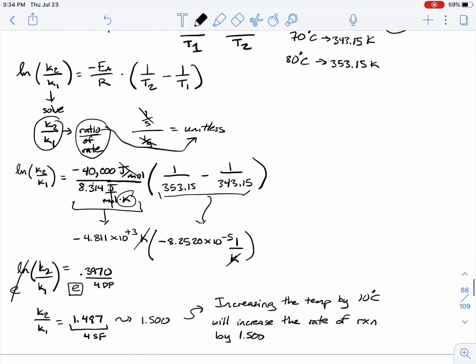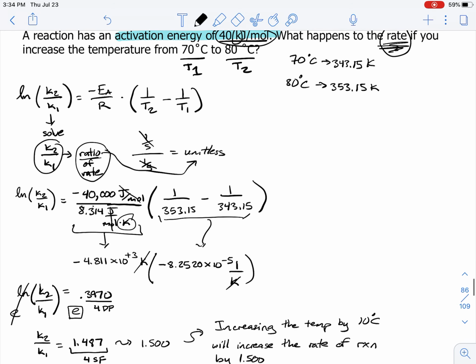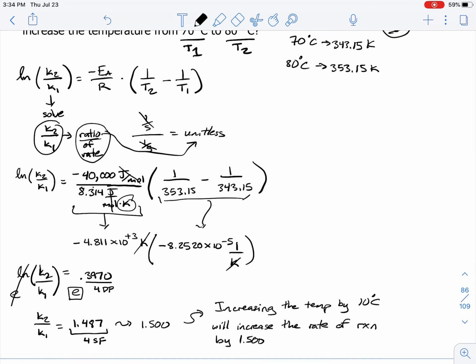Okay. And so the van't Hoff equation is pretty useful. We don't have to always solve for EA. We can solve for the ratio of the rate constants, which will give us the factor that the rate of reaction will increase by.